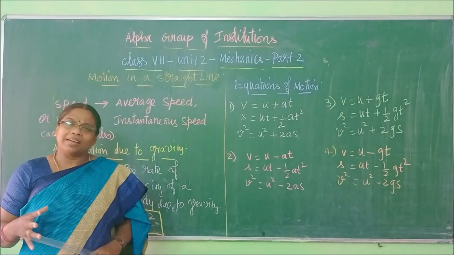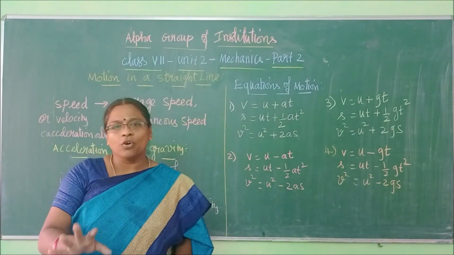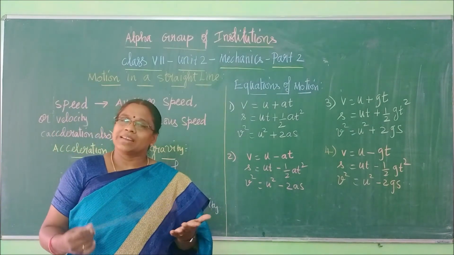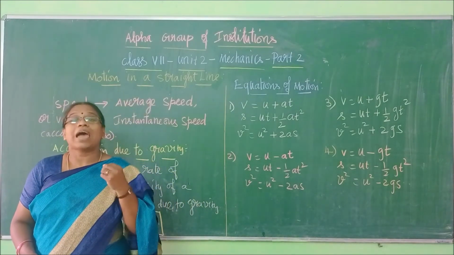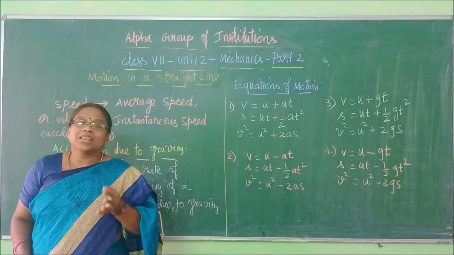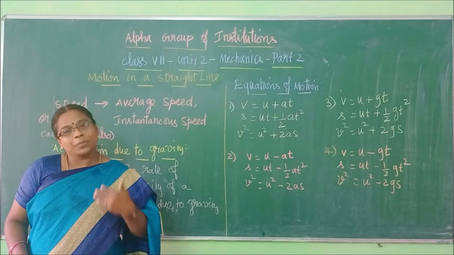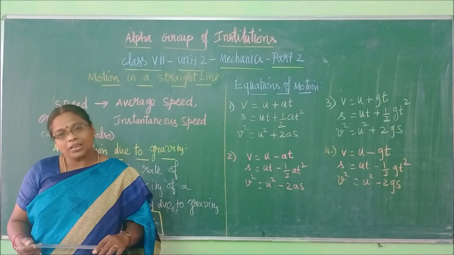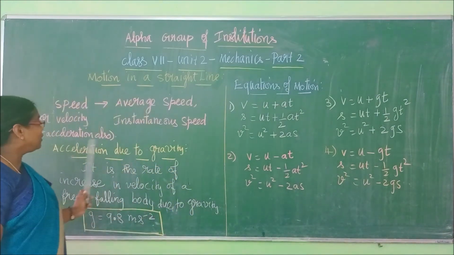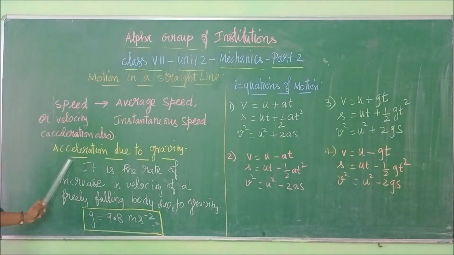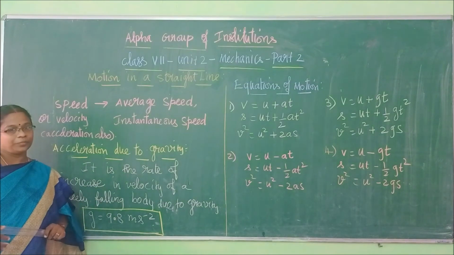Any body will be attracted towards the earth with a force which is called gravitational force. If any body is accelerated, either its speed can be increased or decreased, which is due to gravitational force. That particular concept is called acceleration due to gravity.